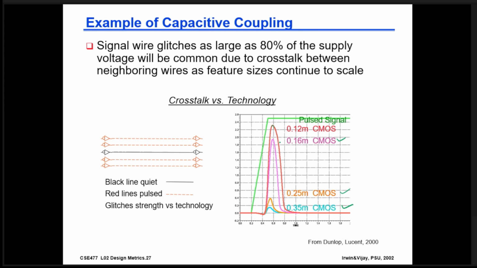Spike due to pulse. A pulse, a clock pulse for example, in one line is occurring, then its effect on the other line may be like that. As technology is scaling, the spike level is high.